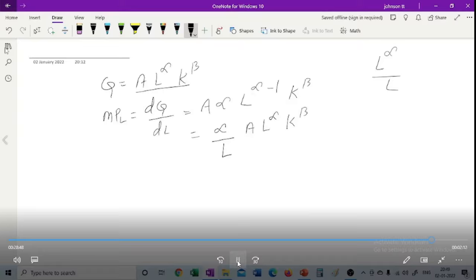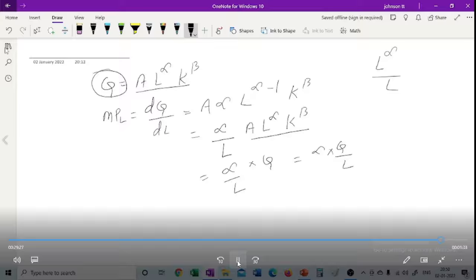So that is equal to alpha by L into A into L raised to alpha K raised to beta. What is A into L raised to alpha K raised to beta? It is Q. So that is equal to alpha by L into Q, or alpha into Q by L.